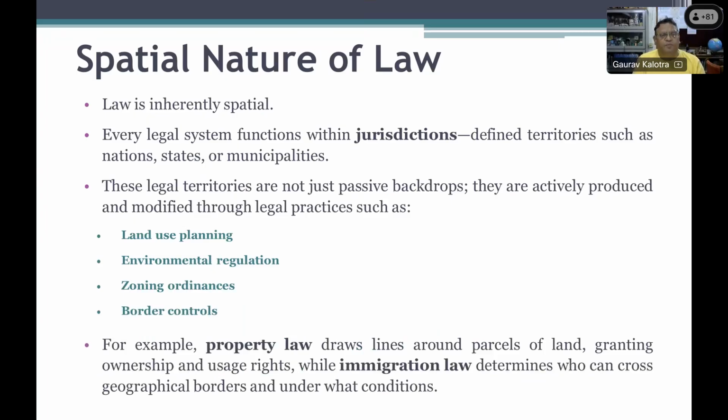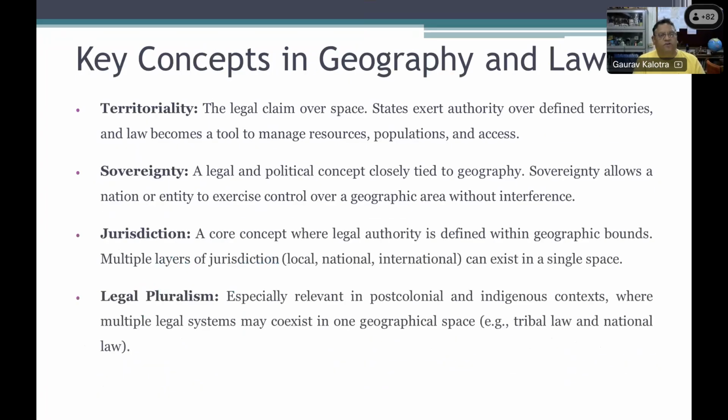They are actively produced and modified through legal practices such as land use planning, environmental regulation, zoning ordinances, and border controls. For example, property law draws lines around parcels of land, granting ownership and usage rights, while immigration law determines who can cross geographical borders and under what conditions.